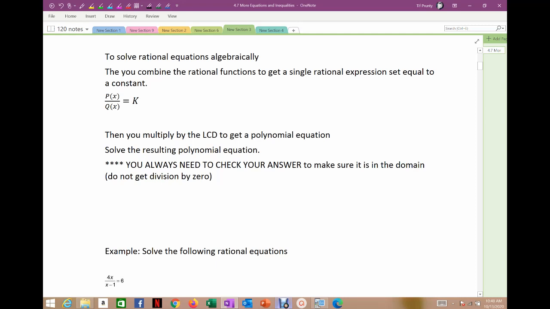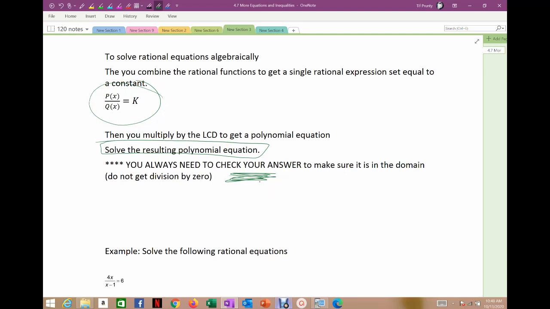Once you clear the fractions, you should be left with a polynomial equation, which we practiced solving in the first half of Chapter 4. The biggest thing is that because we started with a rational expression, you always have to double check your answer. Some answers aren't in the domain, and we throw them out.